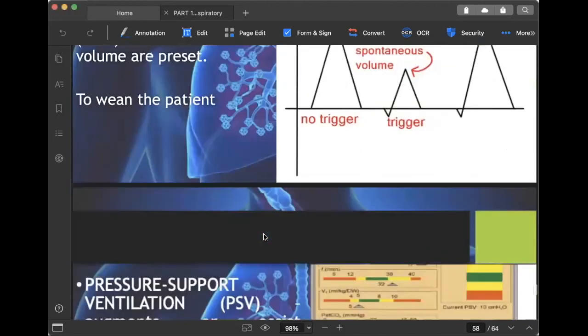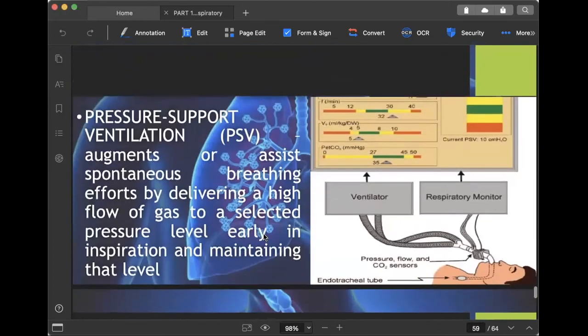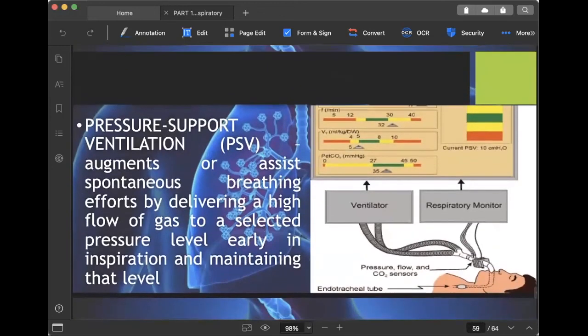We also have your pressure support ventilation. This is a mode of positive pressure mechanical ventilation in which the patient triggers every breath. Okay.